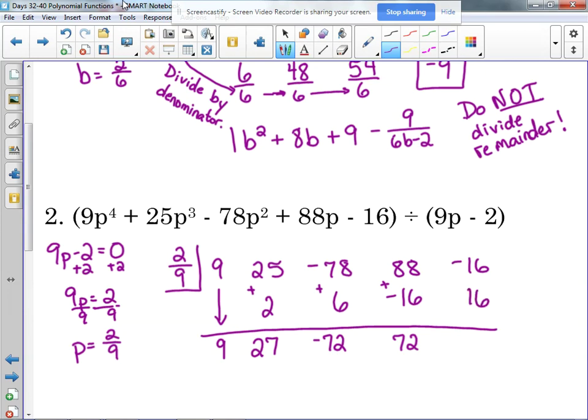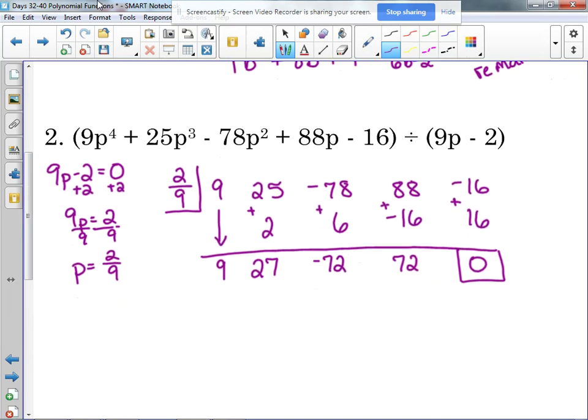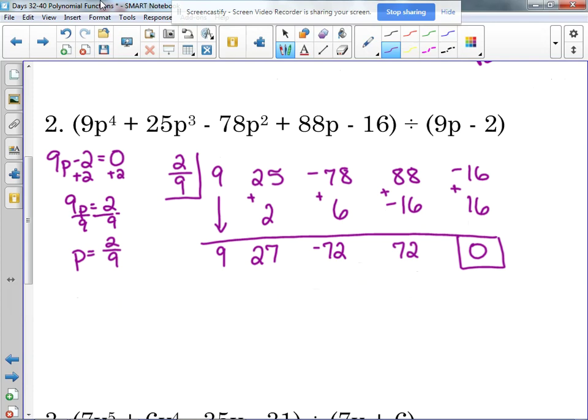So that's going to give us positive 16. So when we add, we get a remainder of 0. So that means that that divided evenly. When there is no remainder, it divided evenly. So 2 over 9 is a factor. 9p minus 2 is a factor of this polynomial.